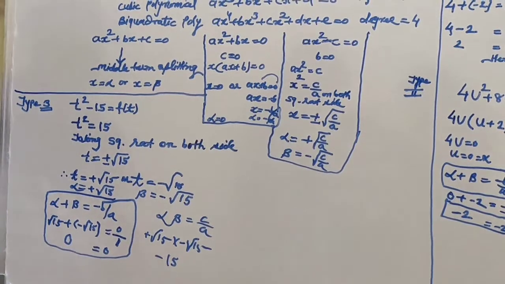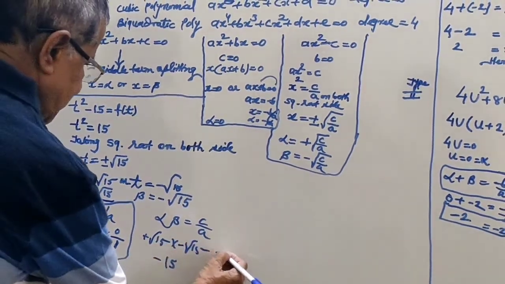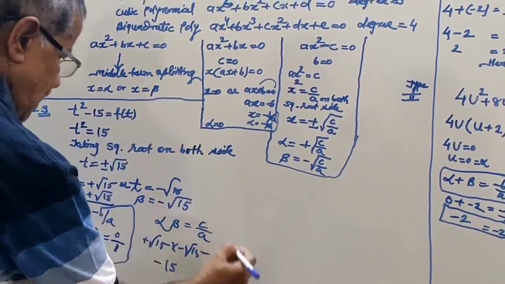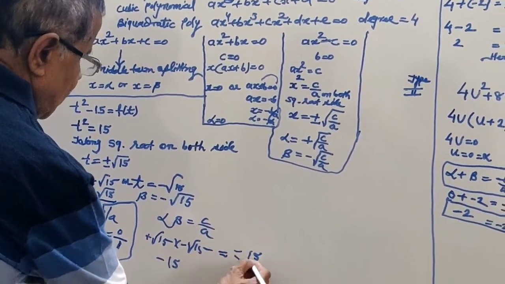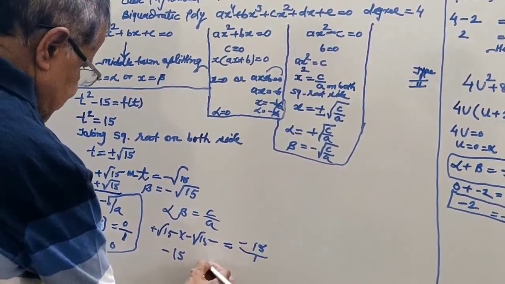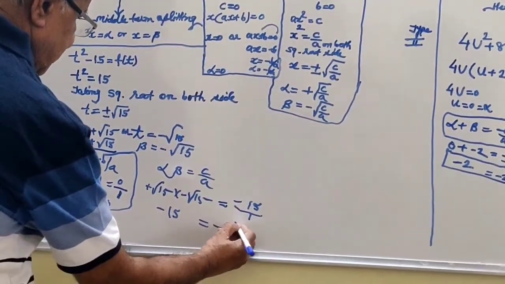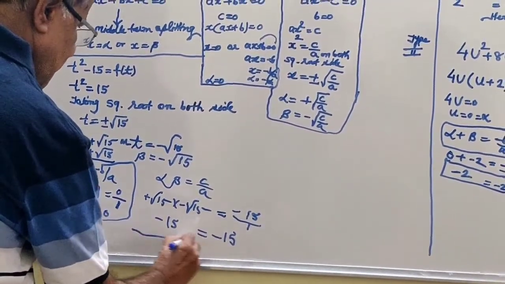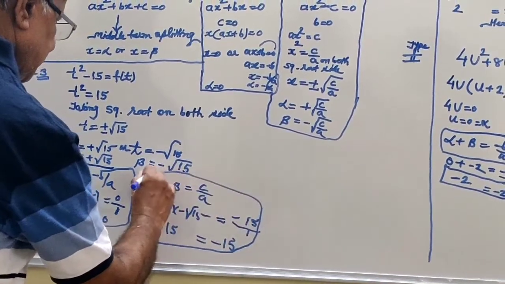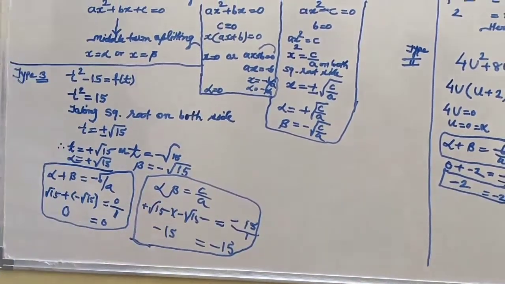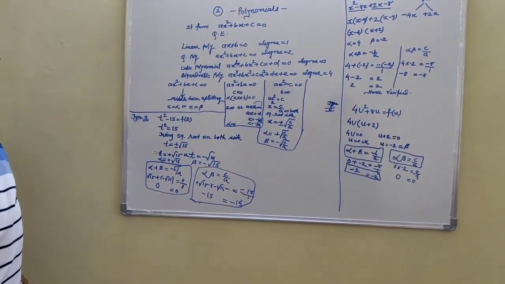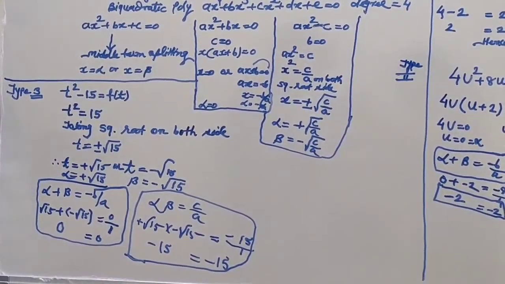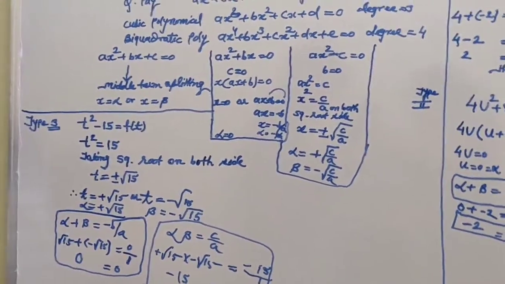Then what is the value of c? c is minus 15, and the value of a is 1. This is equal to minus 15. This relation is also verified. These are the 3 types in the first exercise of polynomials.